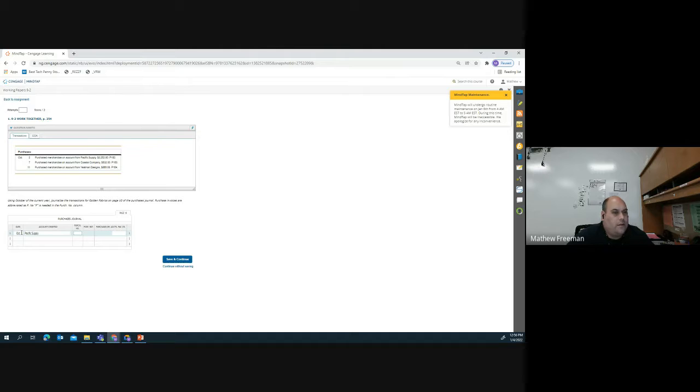And it says, use October for the current year, utilize the transaction for Golden Fabrics on page 10 of the purchase journal. Purchase invoices are abbreviated as P. No P is needed in the purchase number column. So we don't need the P for P162. We just need 162. And then we're going to put 3252 in. And then we're going to come down here to the 7th, and we're going to put Coastal Company. And we're going to put 163 and 532.